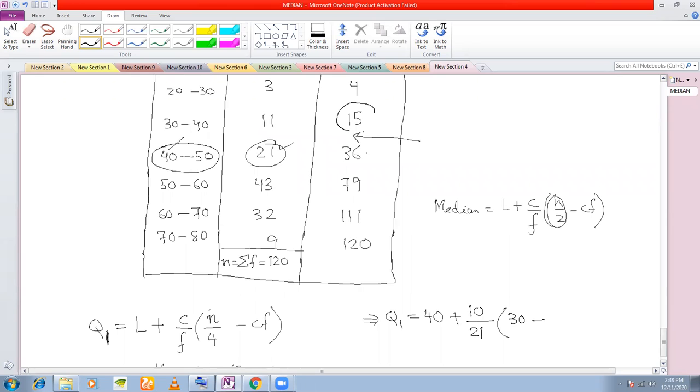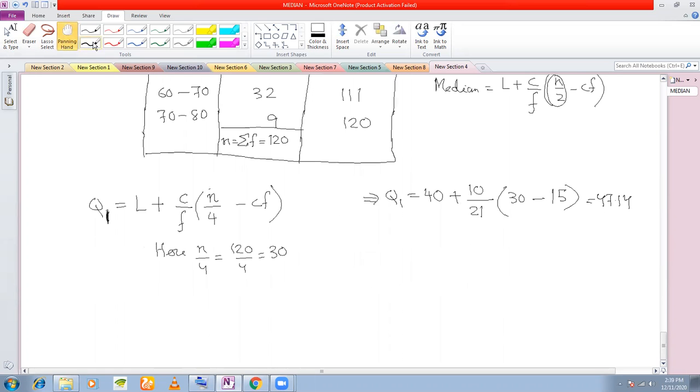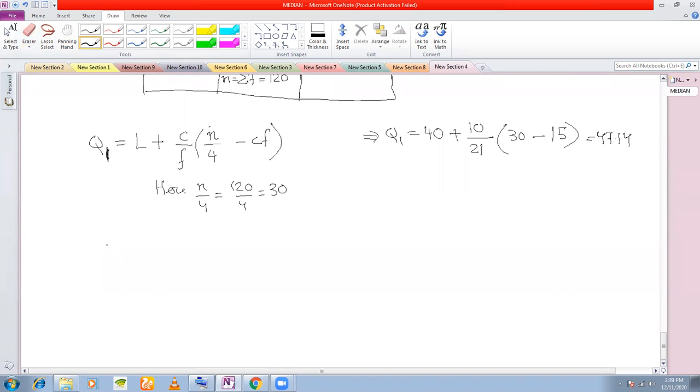What is the cumulative frequency just above this class? 15. That's it. Okay, you calculate this to be 47.14. This is absolutely clear. Are you with me? Yes, I am there.